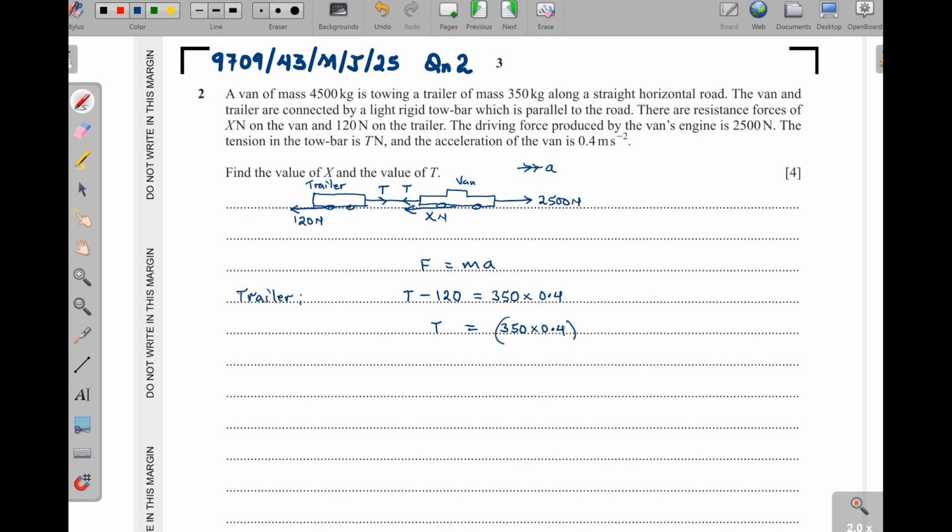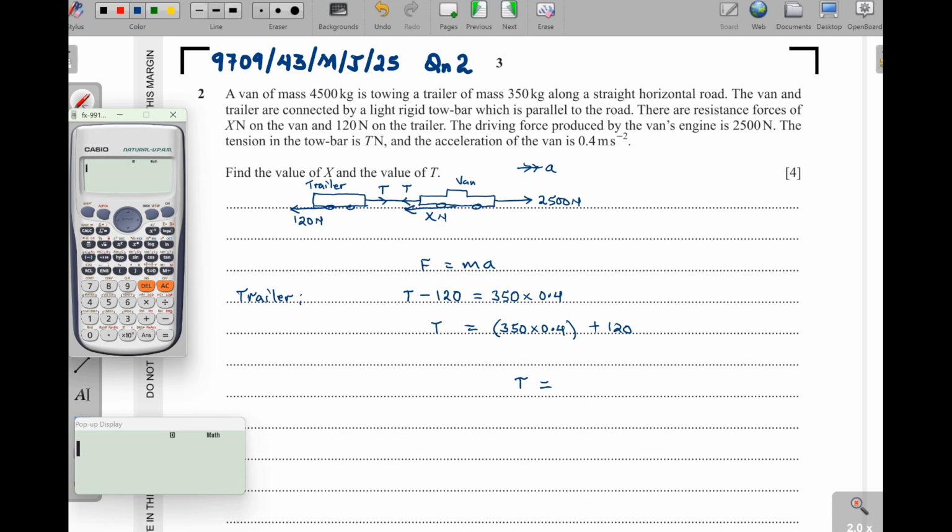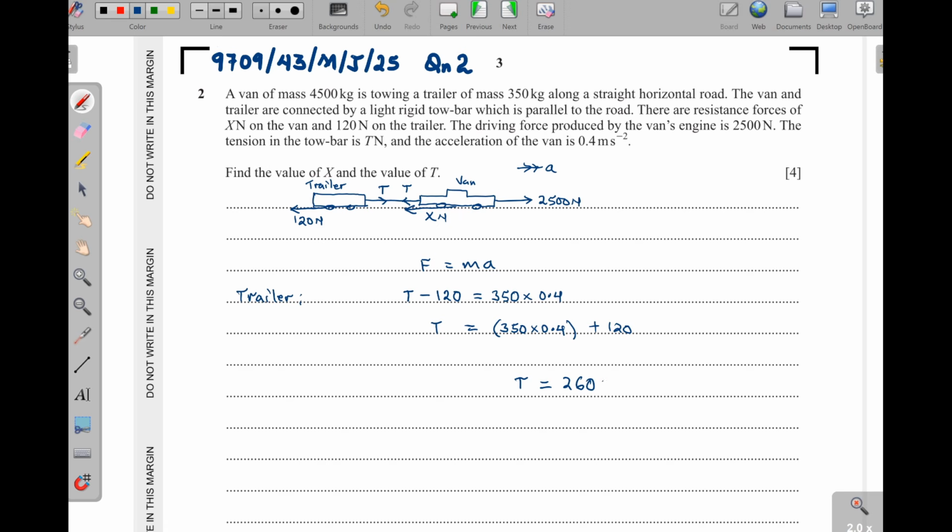Then when we take this 120 forward, we get an addition, so our T will be equal to 120 plus 350 times 0.4. Altogether, this gives us 260 newtons. As simple as that.